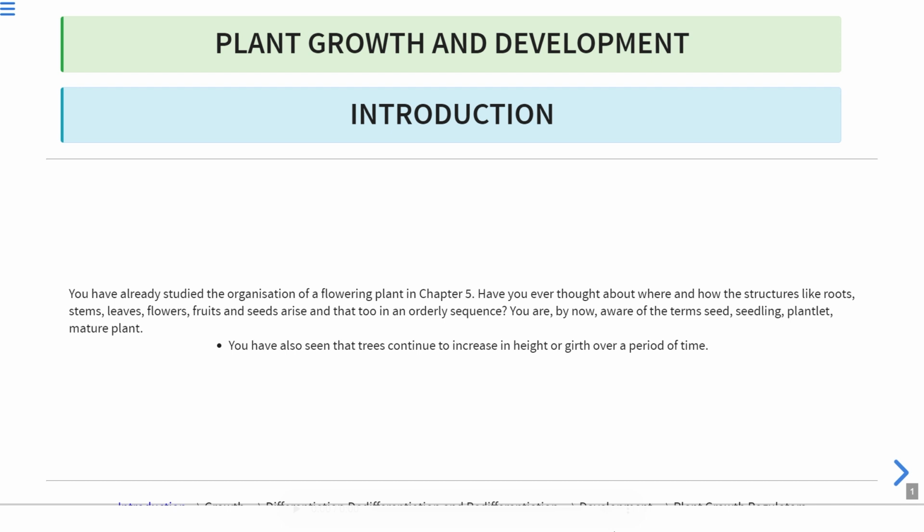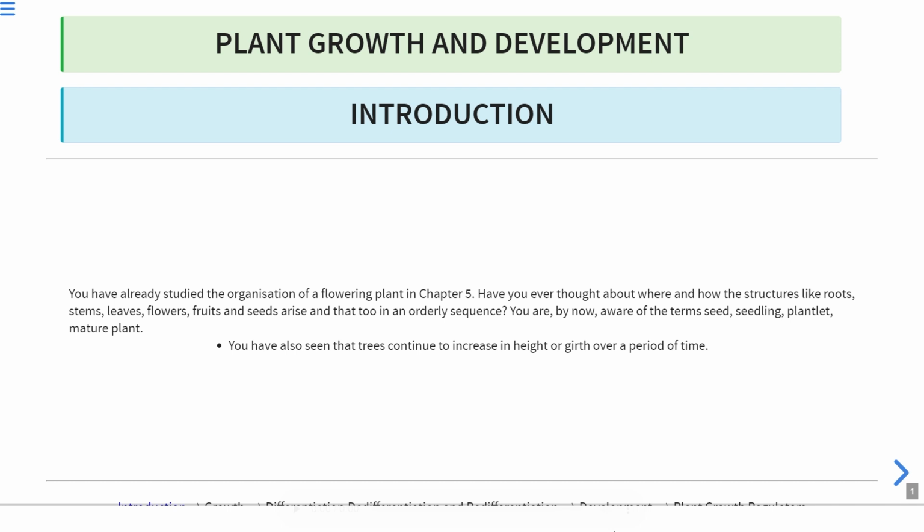You can see the girth or width of the tree grows, and also the height. If you measure the girth or the height of the tree every year, you see there is an increase in both.